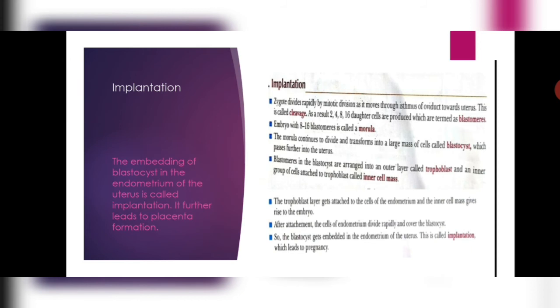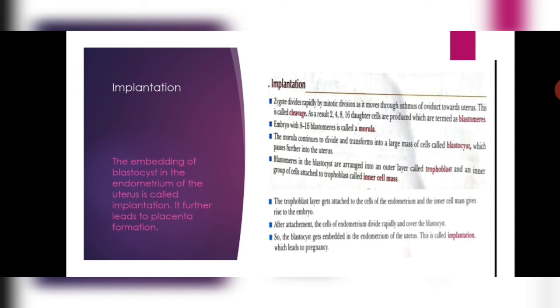The blastomeres in the blastocyst are properly arranged. They form an outer layer called the trophoblast and an inner cell mass, which will further develop into the fetus. This trophoblast, the outer membrane, gets embedded into the endometrium, and this attachment is known as implantation.